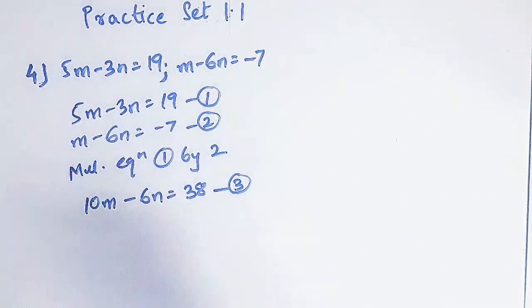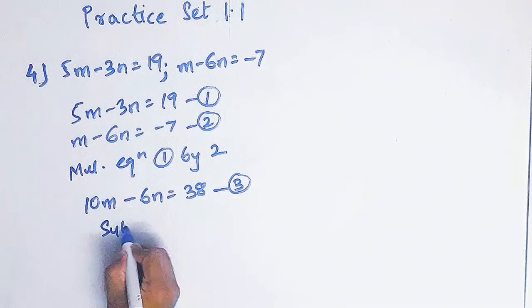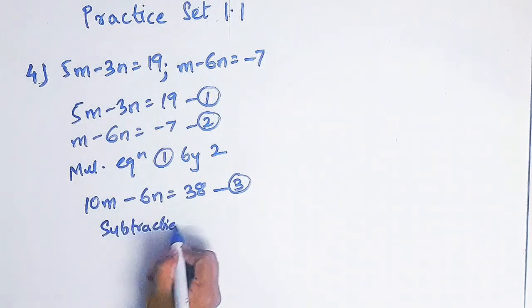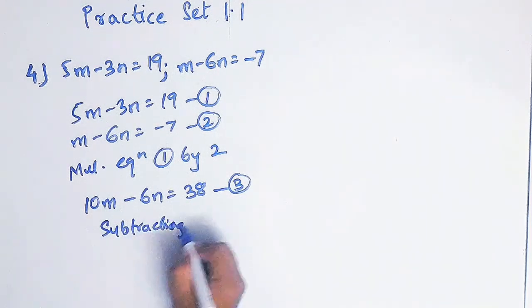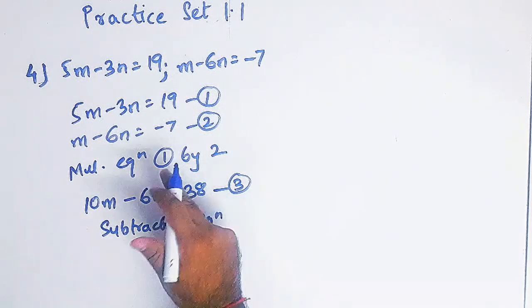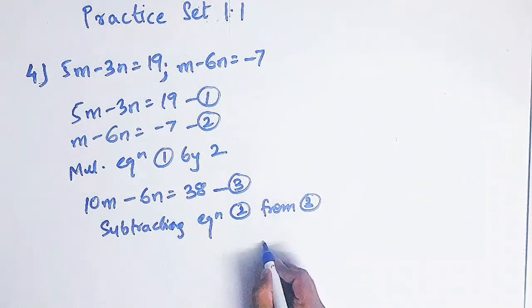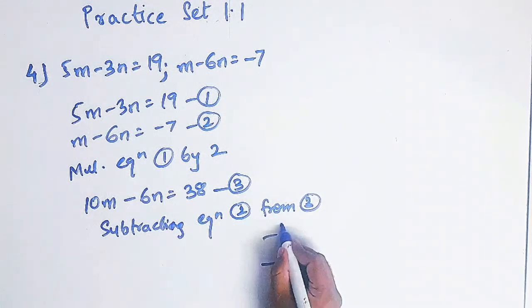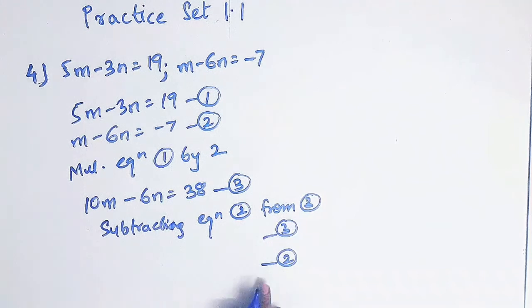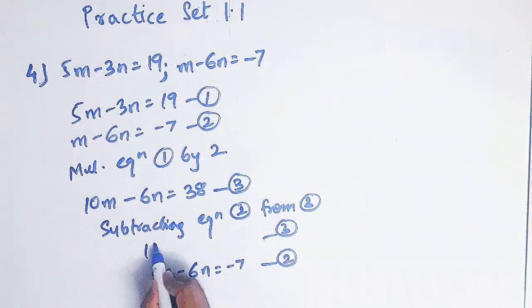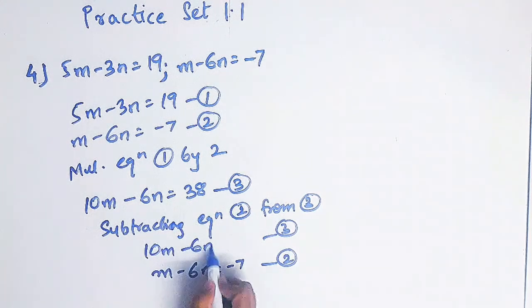Okay, so I'll subtract, subtracting equation 2 from 3, 2 below, 3 above. Okay, now 2 is m minus 6n equals minus 7, and this is 10m minus 6n equals 38.